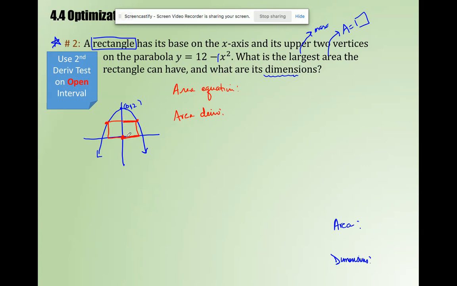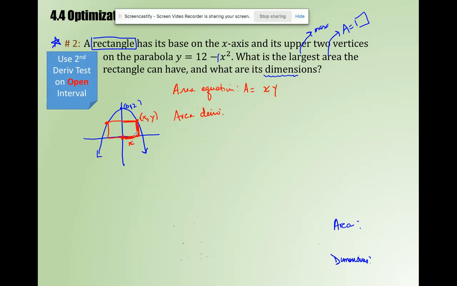Isn't that x? What's the height? Y, isn't it? So this point on the parabola, xy, the height is y. Is the width x? I don't think so. The area is not x times y.